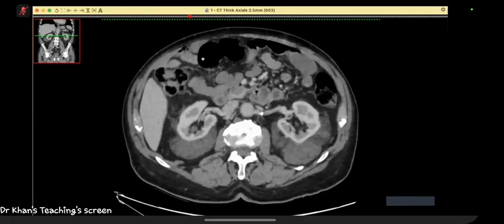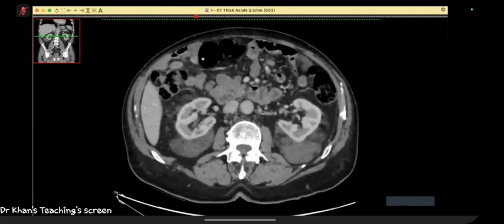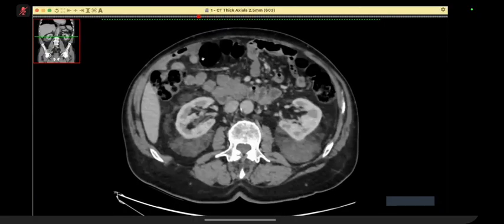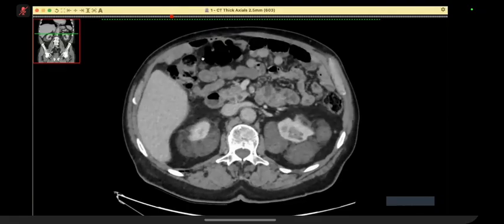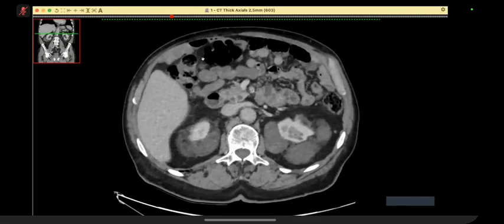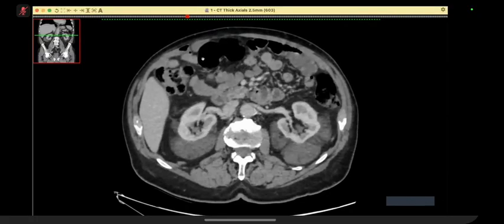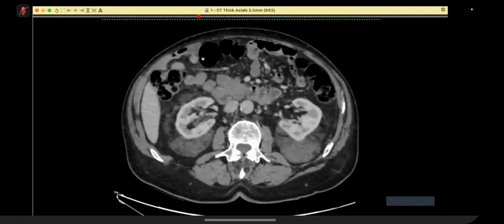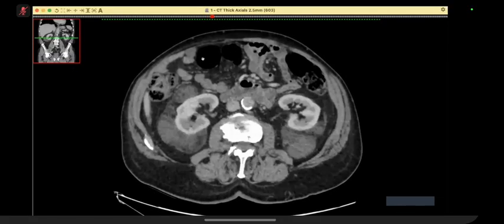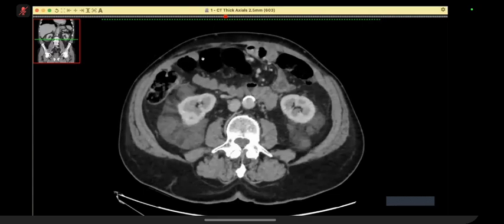However, there is no obvious involvement of the renal parenchyma. I am trying to look for enhancement of these lesions. In my routine practice, I would like to correlate with the pre-contrast images. There are areas of fat within these lesions.